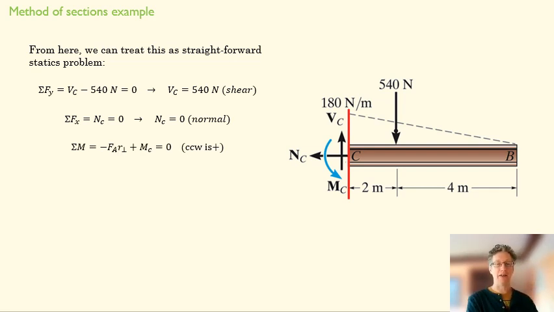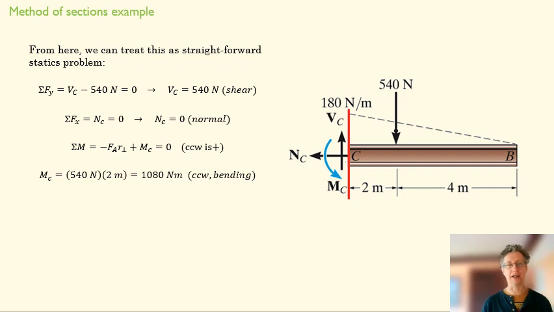And we find that we need a moment to counteract the moment created by this applied force. So we find the strength of the torque created by this 540 Newton applied force, and our internal resultant moment is going to counteract that.